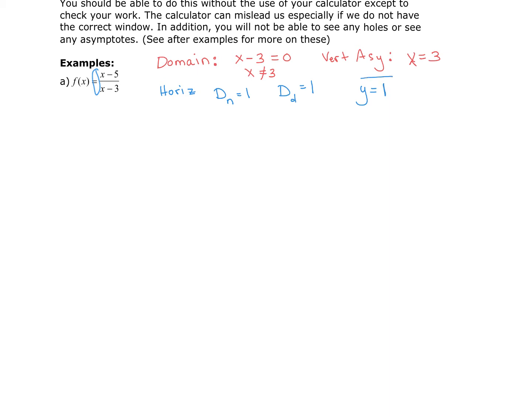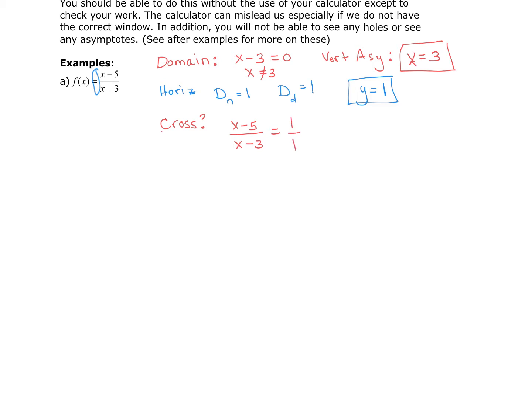I would like to know if our graph is going to cross the horizontal asymptote. So I'm going to ask myself, and notice how I am writing things down so that the reader knows what I'm doing. I am going to set this function equal to the horizontal asymptote, which I just calculated to be 1.